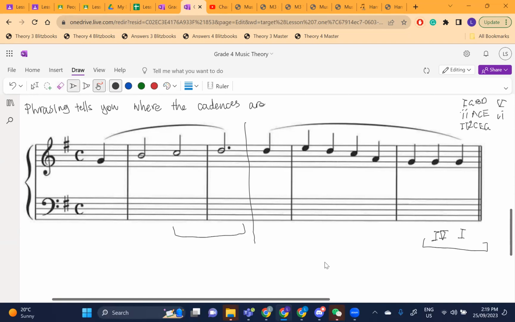So we have two phrases here. We plan both the cadences first. So we plan and write both the cadences. In the middle, it has to be either an interrupted or imperfect cadence. I choose imperfect.